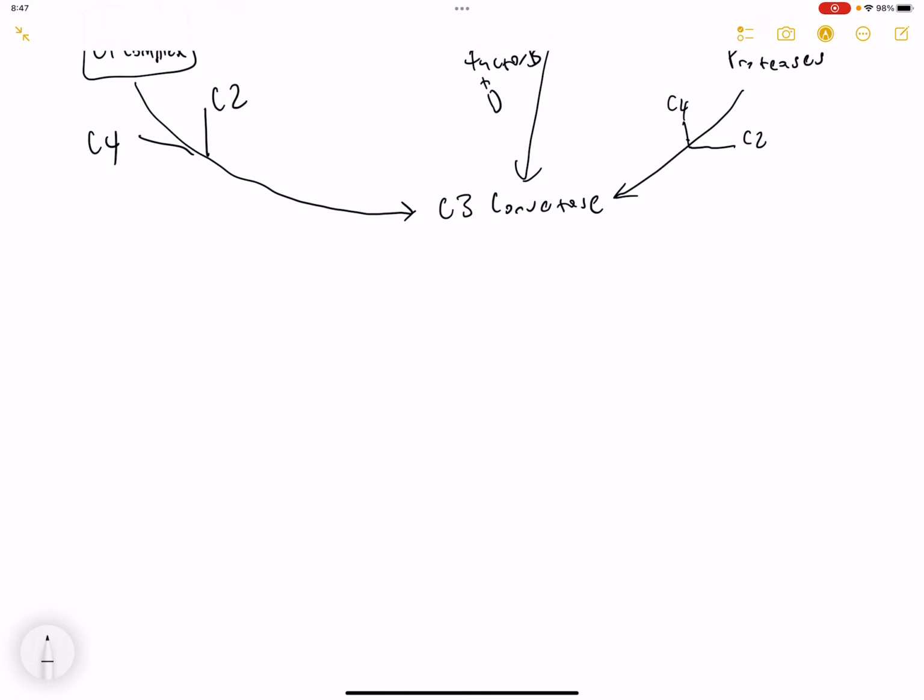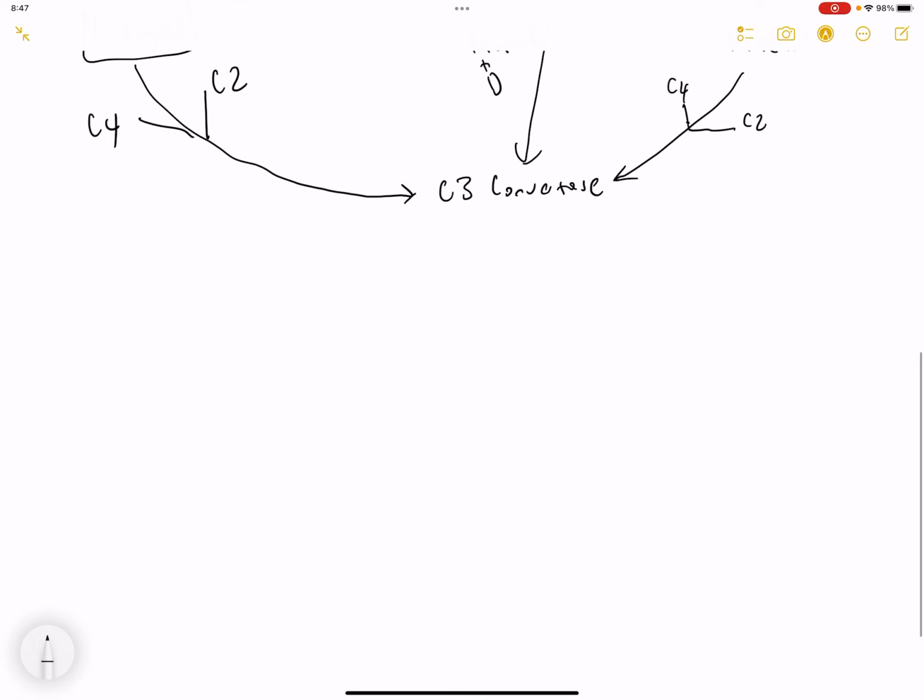Now, after C3 convertase forms, it is going to cleave C3 to form C3A and C3B. C3A is then going to upregulate mast cell degranulation.